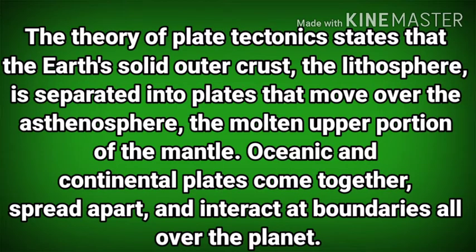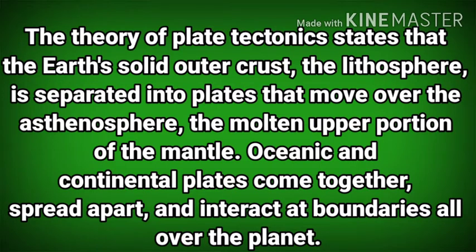So students, in the plate tectonic theory you have studied that a tectonic plate is a massive irregularly shaped slab of solid rock, generally composed of both oceanic and continental lithosphere.